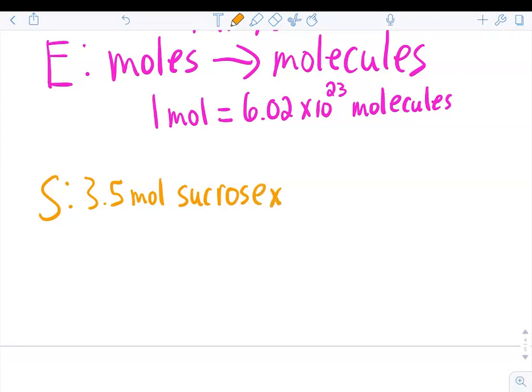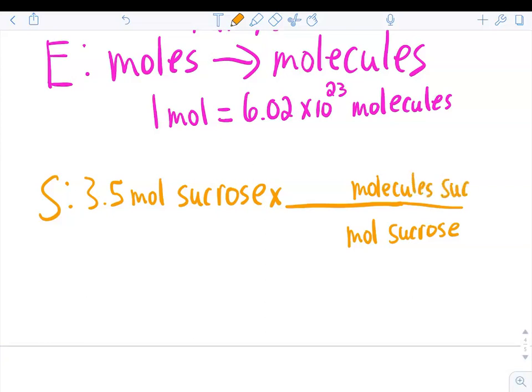If I start with moles of sucrose on the top, that means moles of sucrose has to be on the bottom, and then my molecules of sucrose will be on the top. Okay? So again, whatever's on the top has to be on the bottom in order to cancel out. And then we plug in.